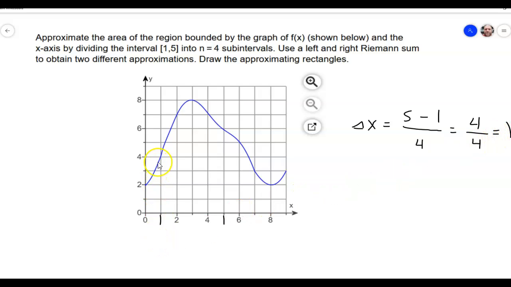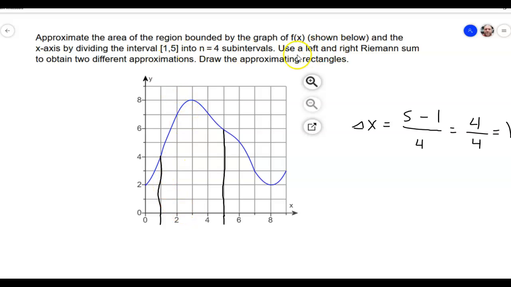So now what we're doing is we're trying to get an area for this region of the graph, under this curve here, above the x-axis here, and between these two x values 1 and 5.